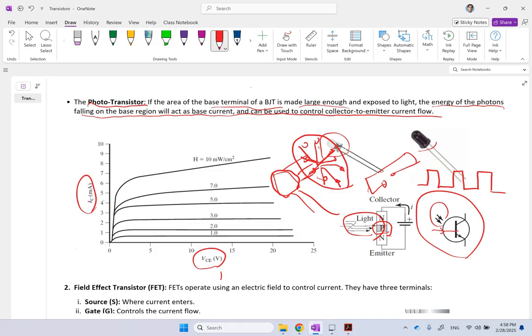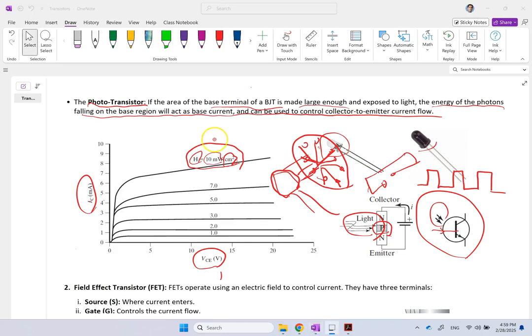Okay, so you see that this is the collector current, this is the collector emitter voltage, and this is drawn per several H values. And what is H here? As you can see, it is in watts per centimeter squared. So it is basically power divided by surface area, right? So this is the light power over what? Over surface.